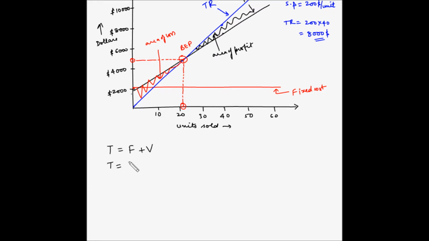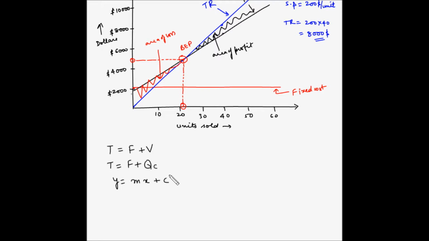So T is equal to F plus, let's say Q is the number of units and small c represents the unit variable cost. Now we know that the formula for a straight line is y is equal to mx plus c.